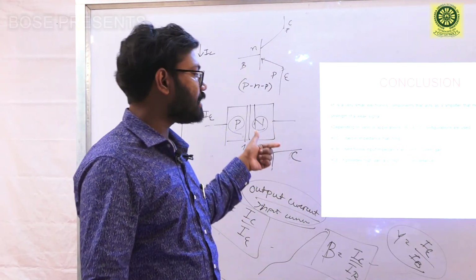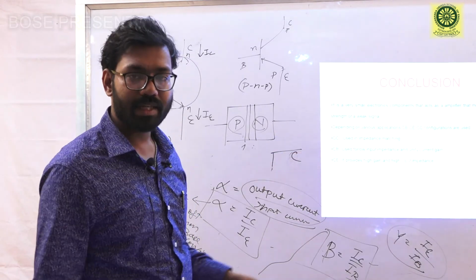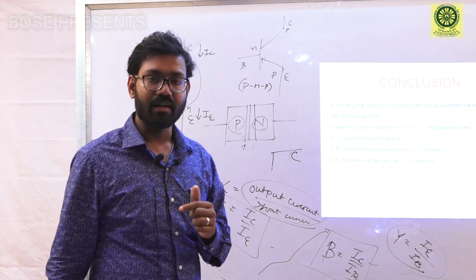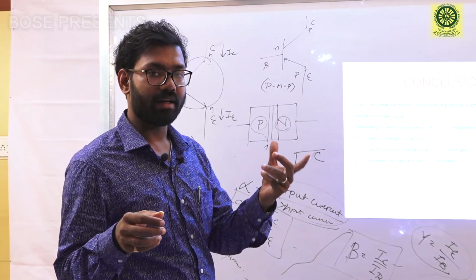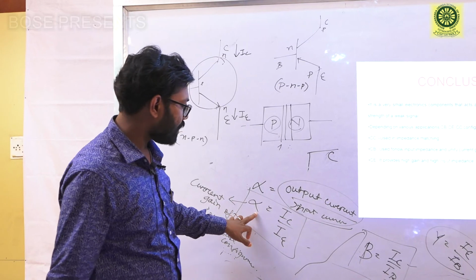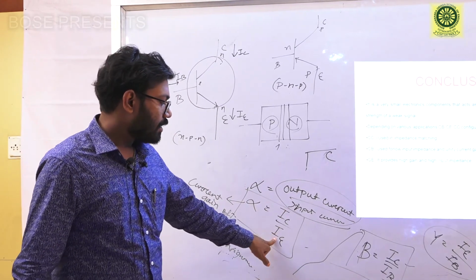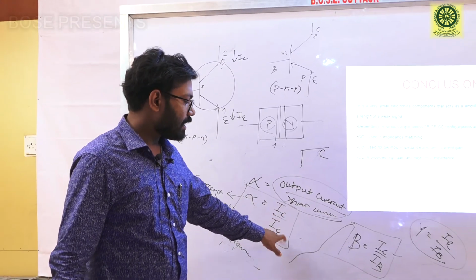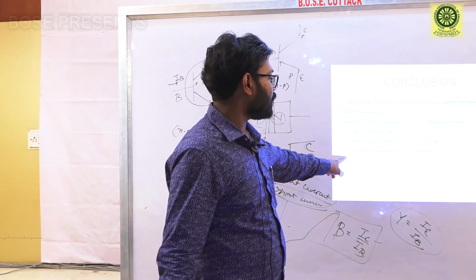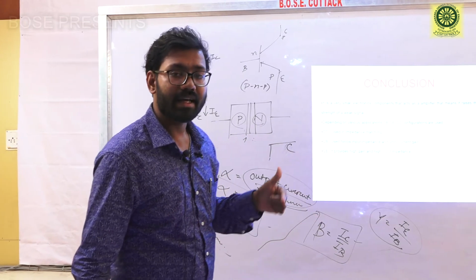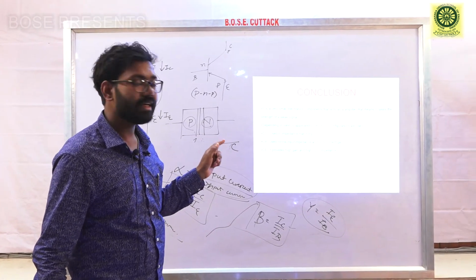If we consider the CB circuit, the current gain is 1, meaning whatever the input current, the output is nearly equal to it. As we can see, alpha is equal to IC by IE, which is nearly equal to 1. In the case of common emitter configuration, it basically provides high gain and high input impedance.